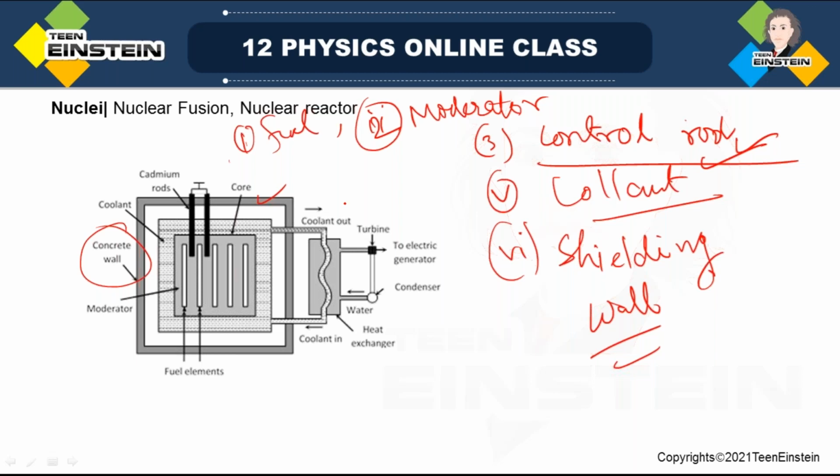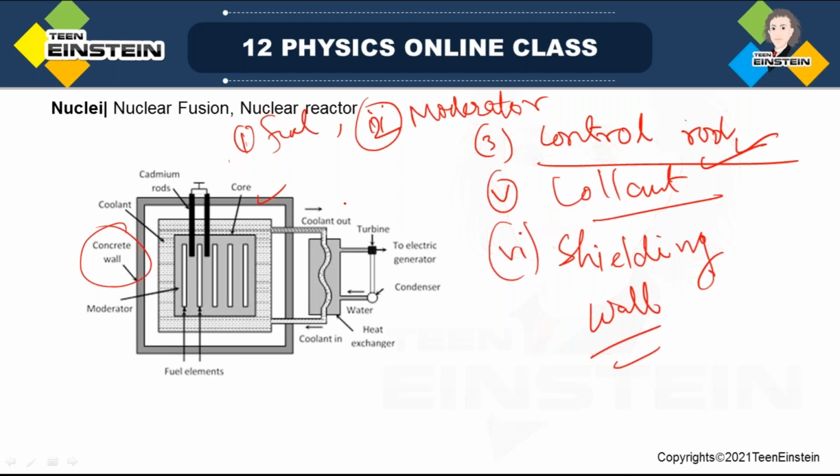In some places there will be a question: what is used as coolant? Generally, liquid sodium or heavy water. So this is about the nuclear reactor.